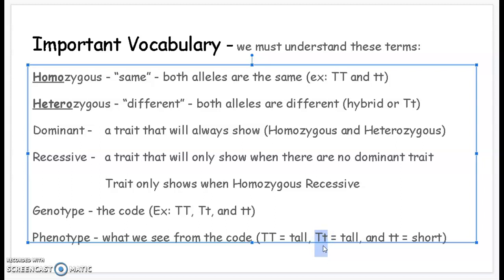So the phenotype has to be tall because tall is dominant. And lowercase t, it's recessive. And so what's the opposite of tall? Short. Since there is no dominant trait, both alleles are recessive, so short is expressed.